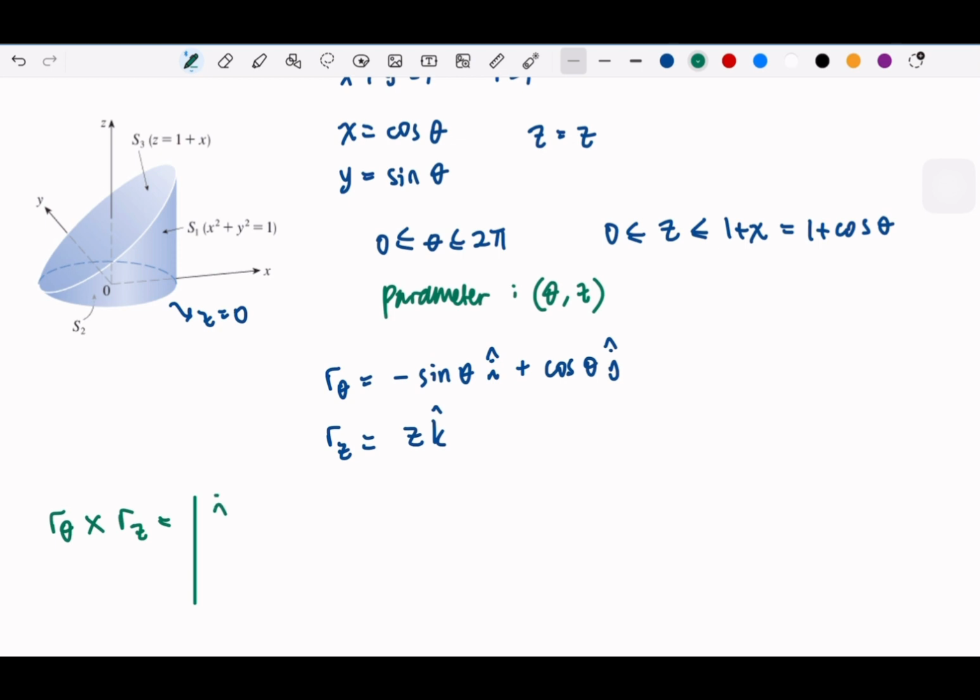So i, j, k. Oh, is this not z? Sorry. We differentiate this, so this becomes 1. Okay.